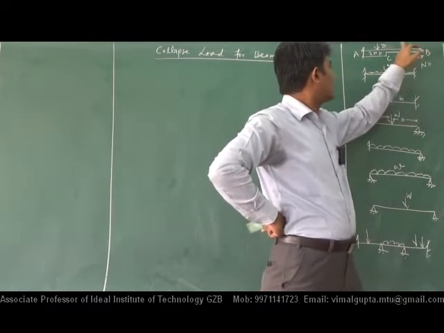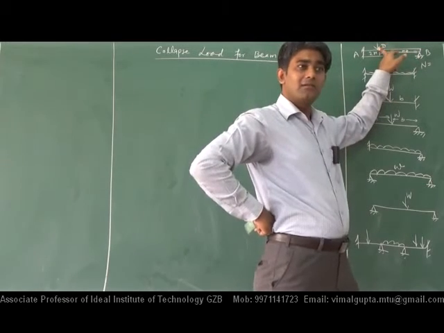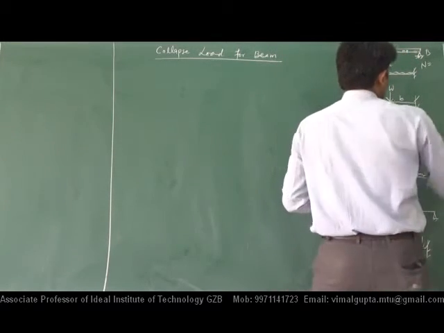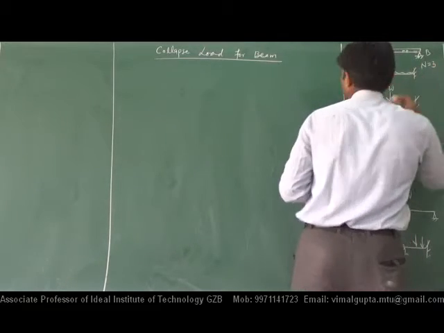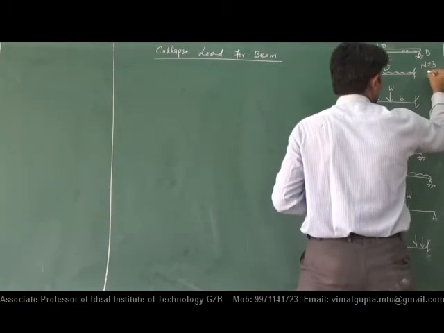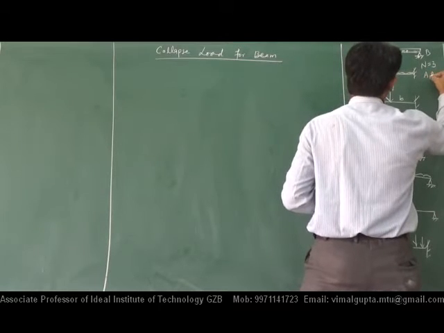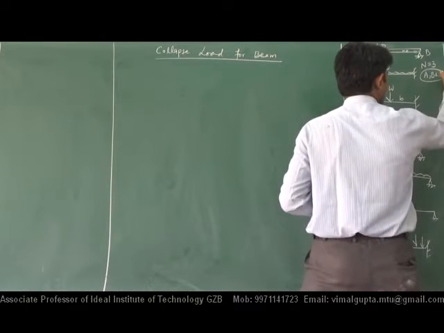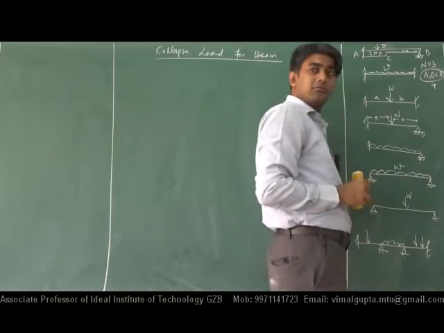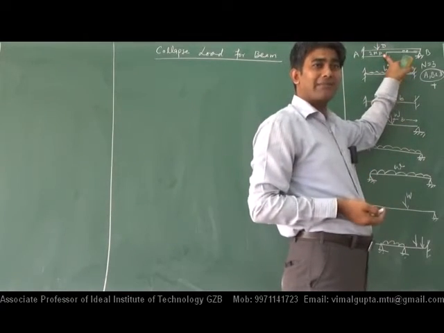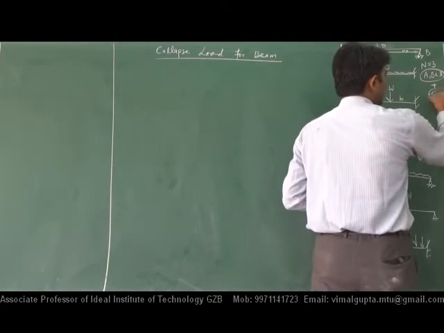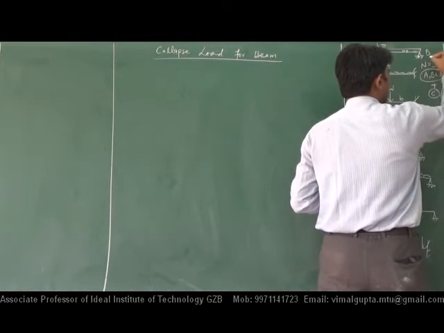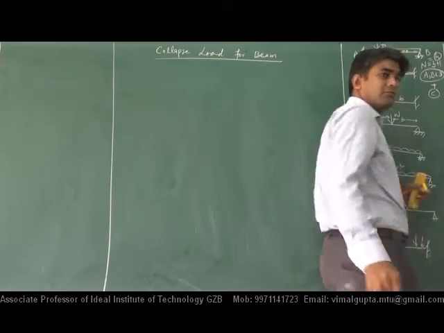Then optional D. These are 3. Now I will tell you. If change of cross section exists, then add one more, means 3 plus 1, that will be 4.